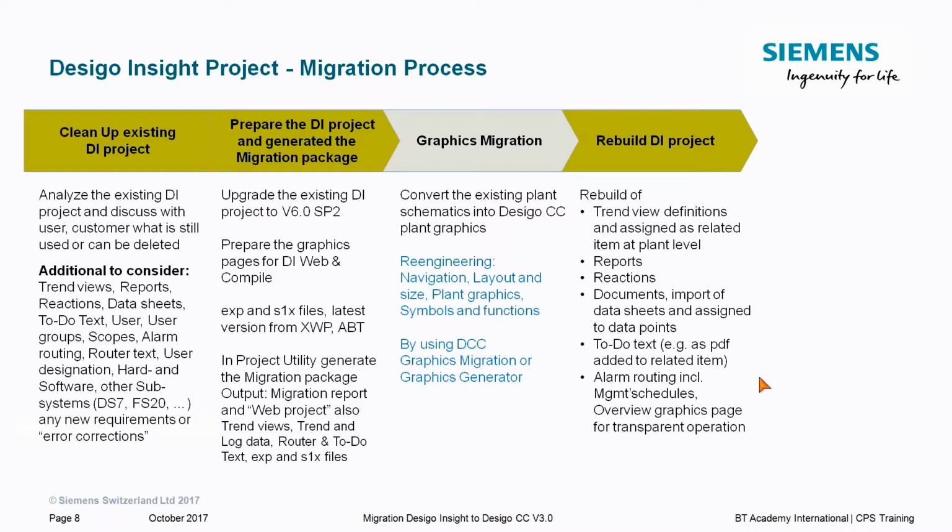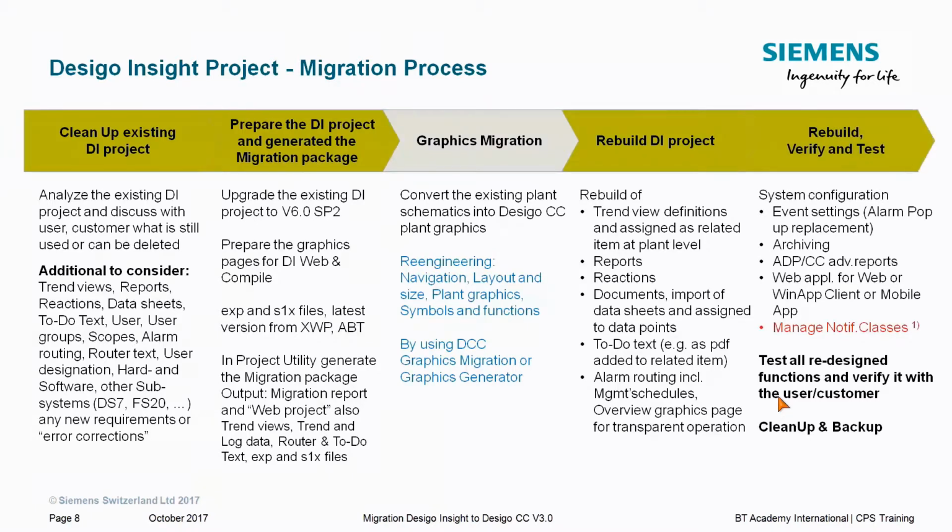Alarm routing, management schedules. And then system configuration, event settings, archiving, ADP CC. This is still right now in investigation, basically, whether those information might be transferred in some way to the Desigo CC.